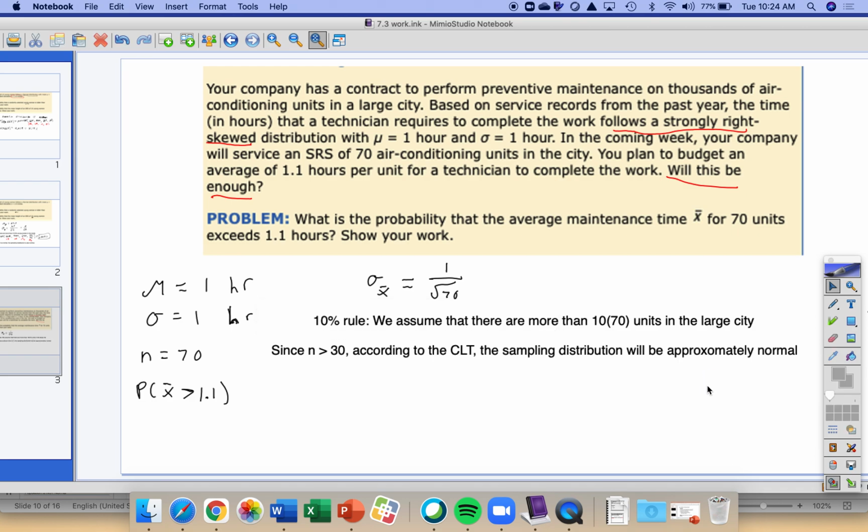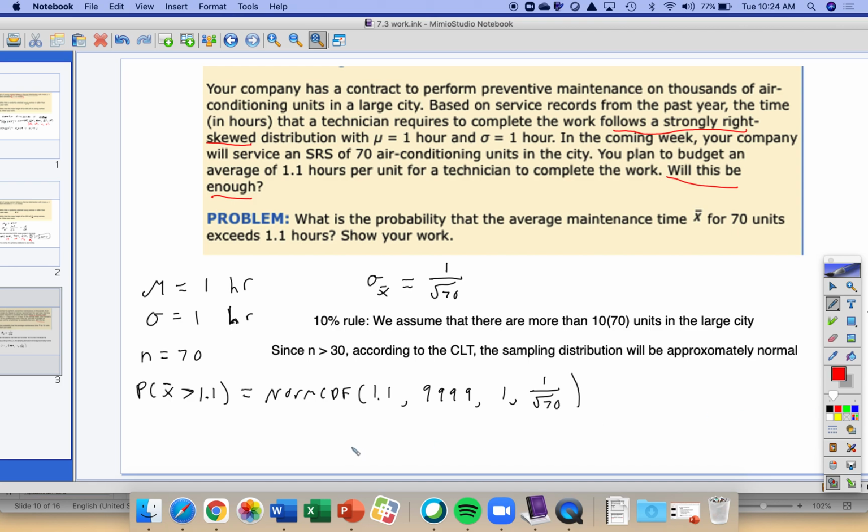So there's my sampling distribution. It is going to be approximately normal, so I can go ahead and use a normal distribution. Norm CDF. My lower bound is 1.1. My upper bound is going to be 9999. My mean will be 1 hour, and my standard deviation is 1 divided by the square root of 70.